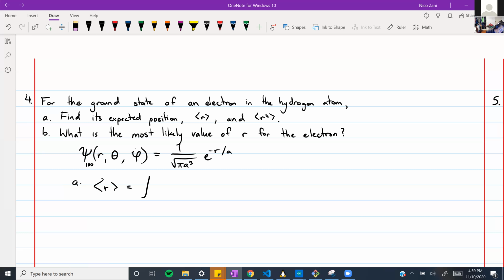Technically, this integral would be over all volume of R, or psi 100 times R times psi 100. Technically, this would be the operation, right? And this would be R squared sine theta dr d theta d phi.